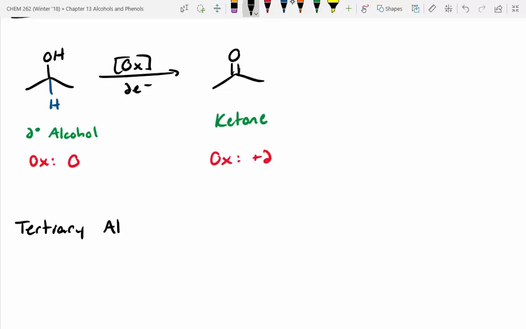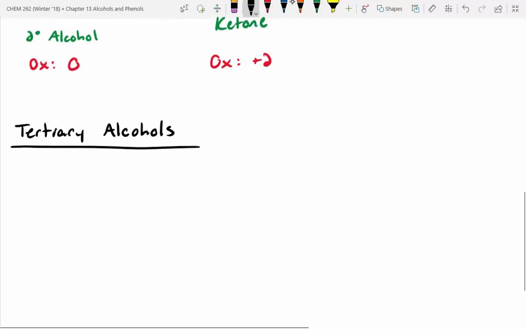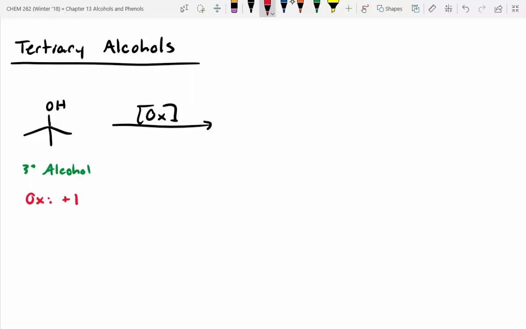All right, so let's take a look at the next one. Tertiary alcohols. And again, just to be thorough, you know the oxidation here is going to be +1. All right, what product do you think we'll get out of this?